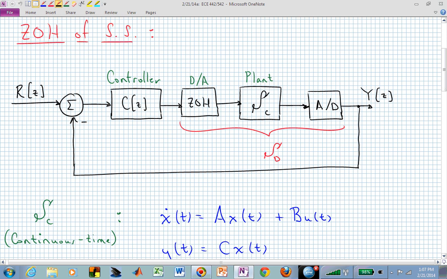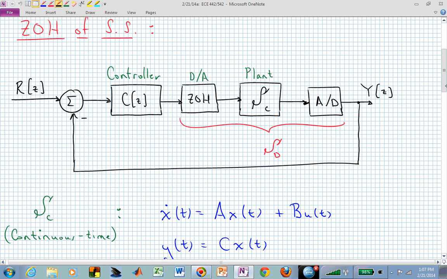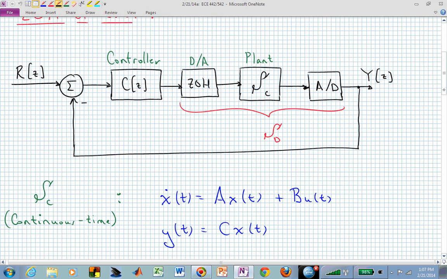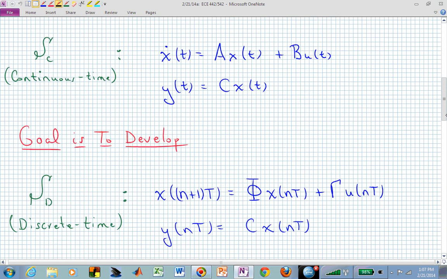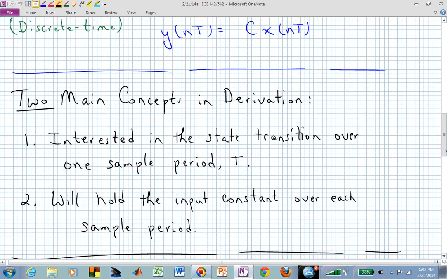That drives the continuous time plant, and then we just repeat that process at the next sample period. We get a new input, we hold that input for one sample period of time, and we move on. Those are then the two main concepts that we will be using in this derivation.